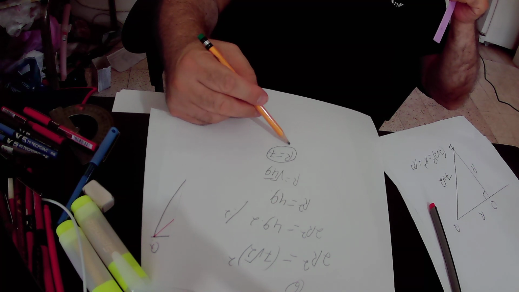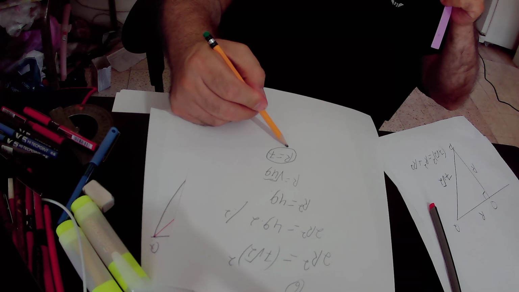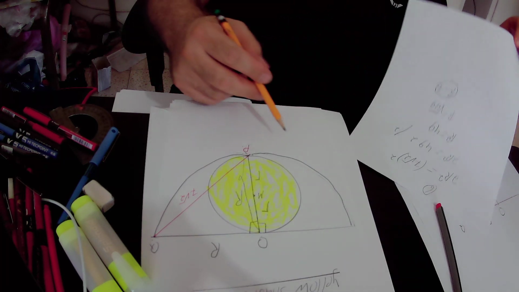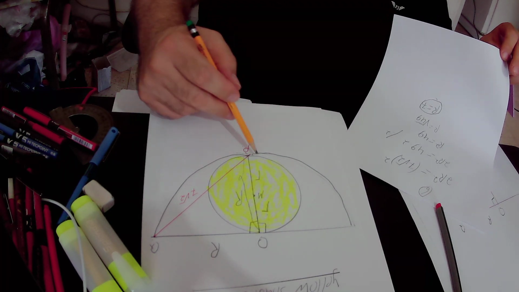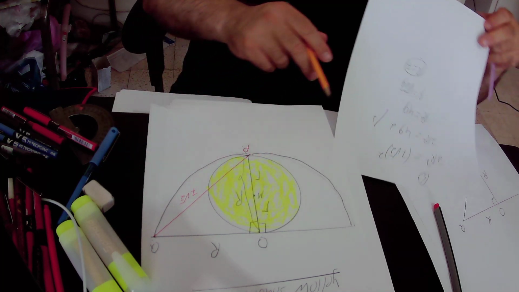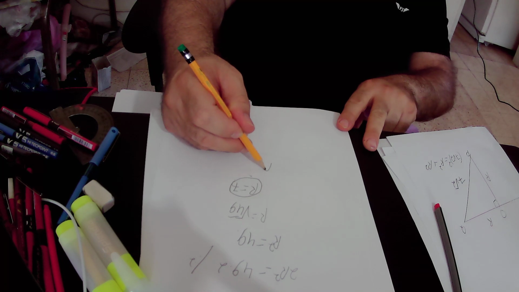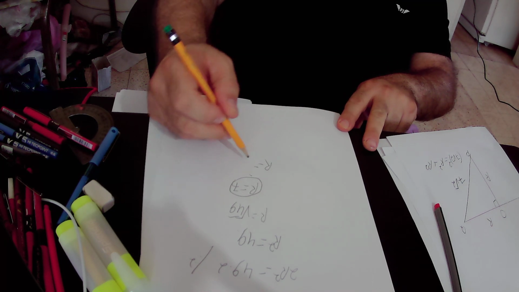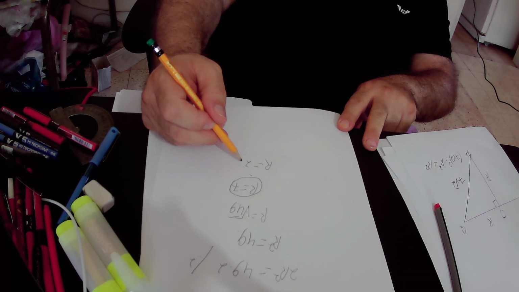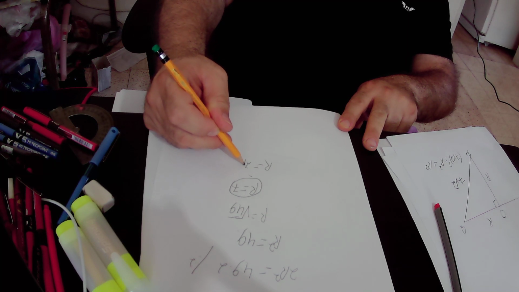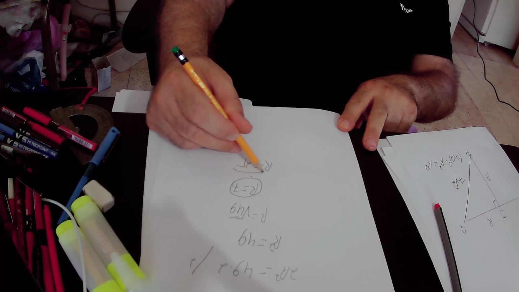So the radius of the semicircle equals r, but we already found that the radius of the semicircle equals 2 times the radius of the yellow circle.